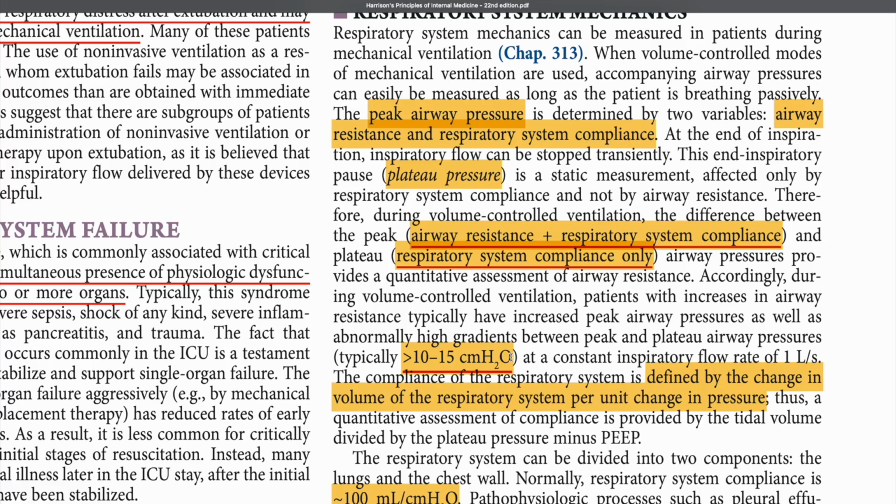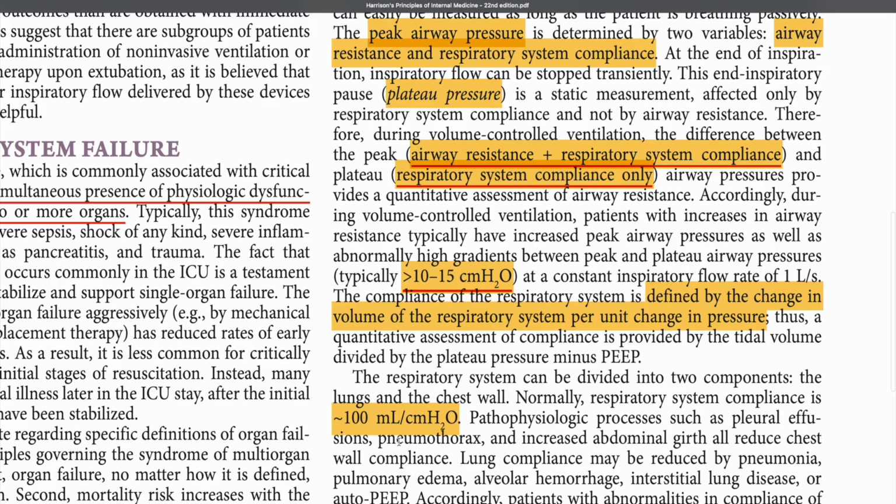Normal respiratory system compliance is 100, and compliance falls in pneumonia, pulmonary edema, ARDS, pneumothorax, obesity, and abdominal hypertension. So low compliance means high plateau pressure. That's what Harrison tells.